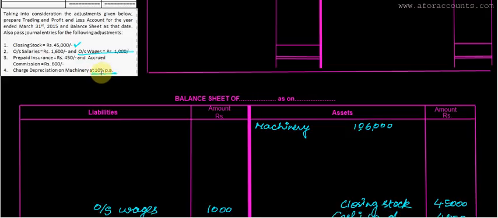Since it is given to me in the adjustment side, it will have two effects. One is I will subtract depreciation from here, less depreciation at the rate 10% on 1,06,000 will be 10,600, and the amount which will come in the outer column will be 95,400.